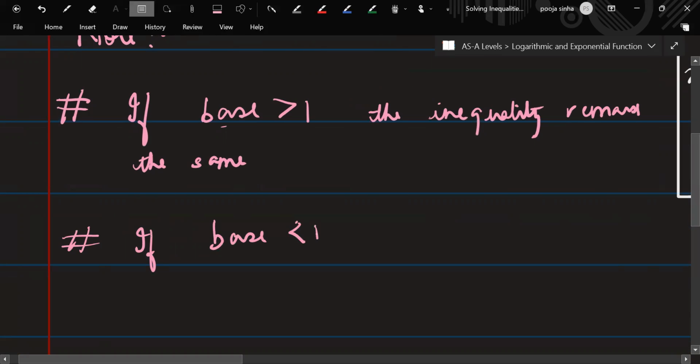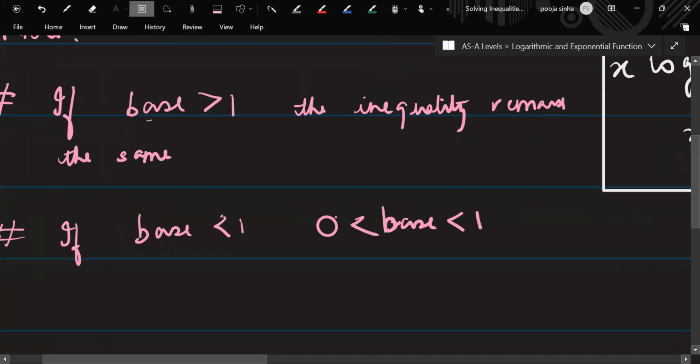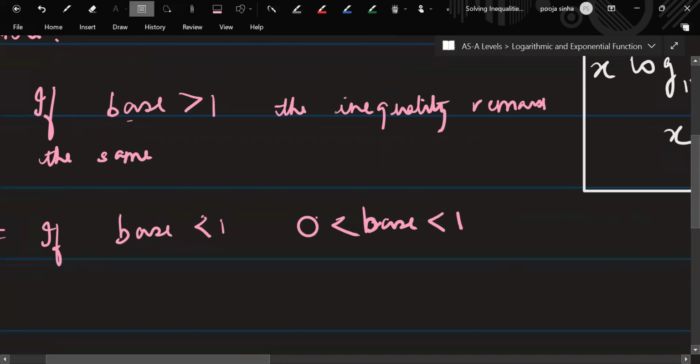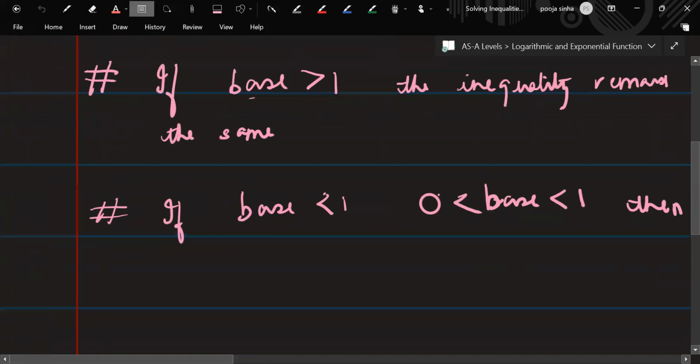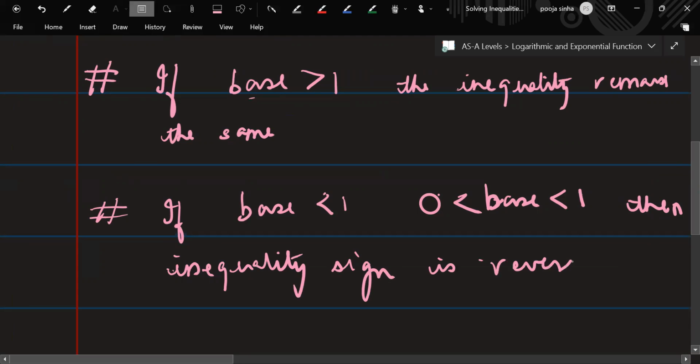Second, if the base is less than 1, that means the base is between 0 and 1, less than 1 but greater than 0, then the inequality sign is reversed.